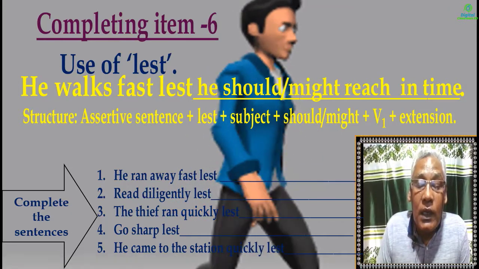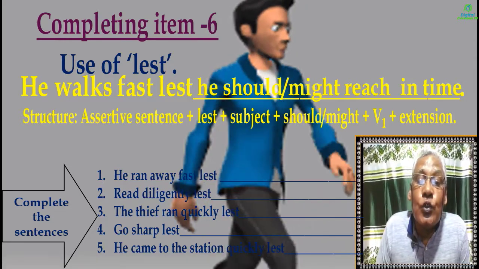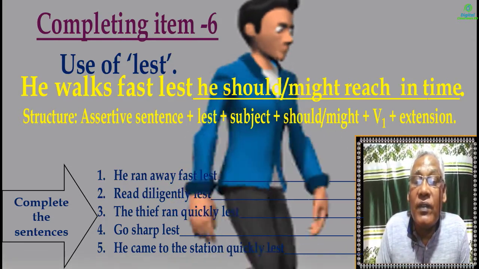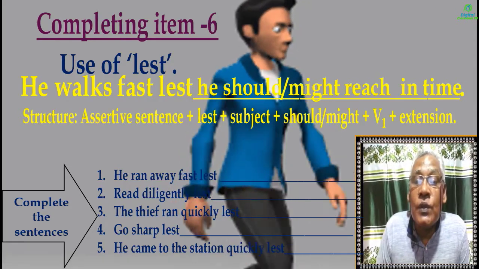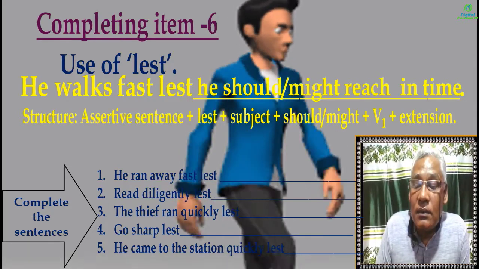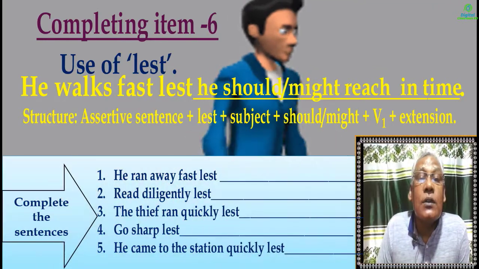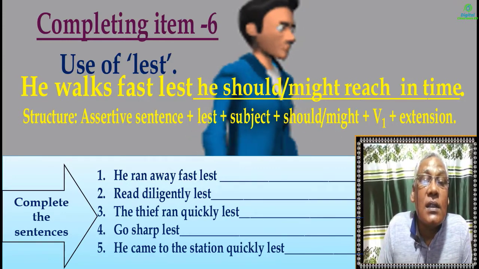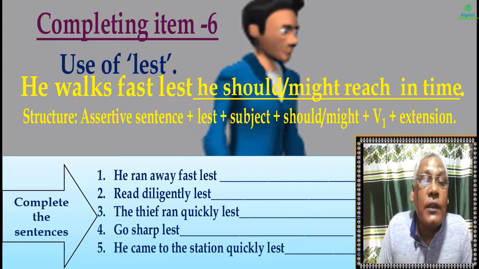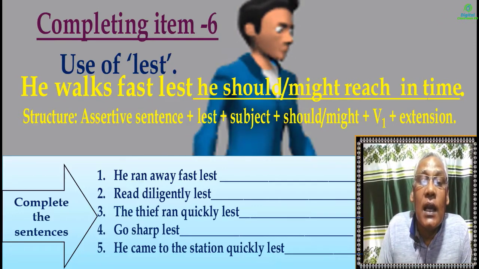Whenever lest is used in the sentence, you must use should or might after the subject. And after should or might you must use verb 1, that is the present form of the verb. Okay, now proceed on to the next. Completing item 6. Use of lest. He works fast lest he should or might reach in time.